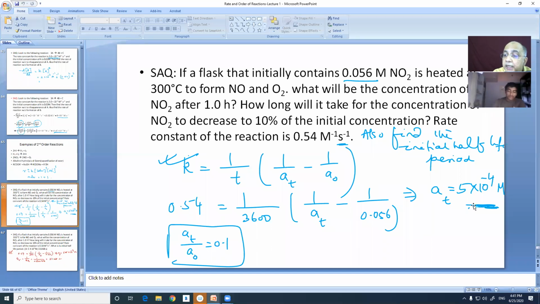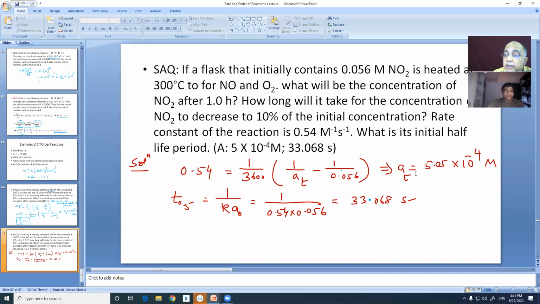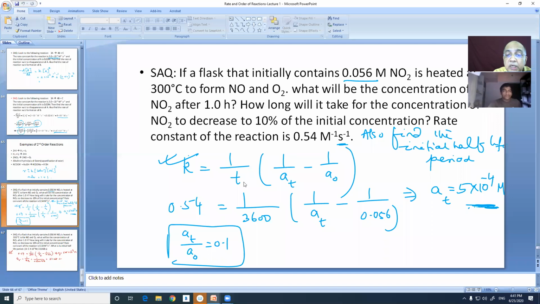This we had done, that we have found out, and this we have done, but the other one I asked you to do at home. 10% means the initial concentration decreases to 10%, that means A by A0 is equal to 0.1.